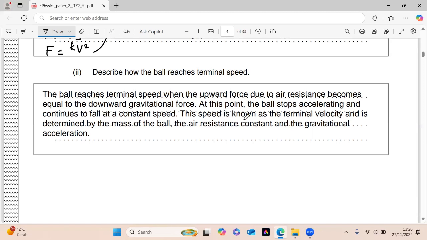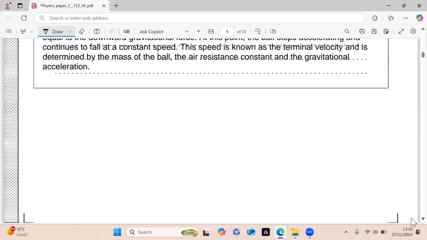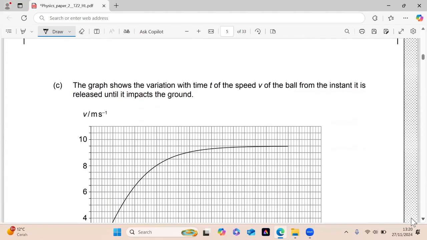The speed is known as the terminal velocity and is determined by the mass of the ball, the air resistance constant, and the gravitational acceleration. You may add your sentences, your words, or your opinion.